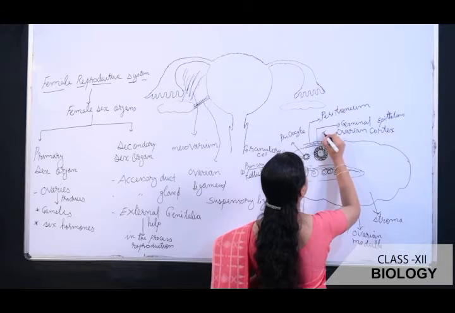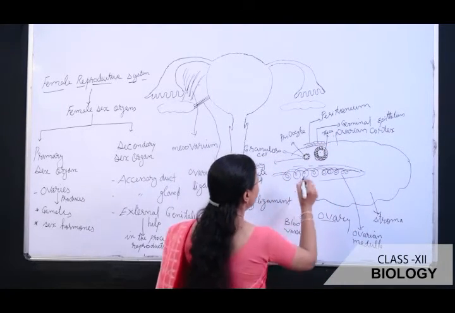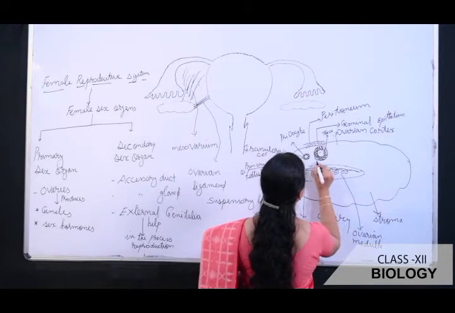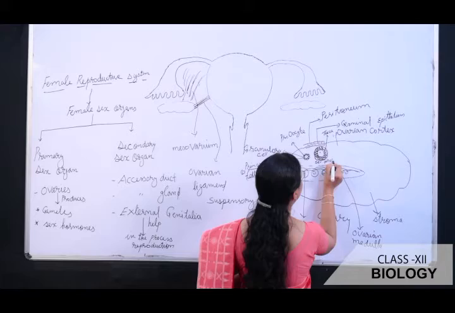This is the theca layer. Now this stage is said to be the secondary follicle.